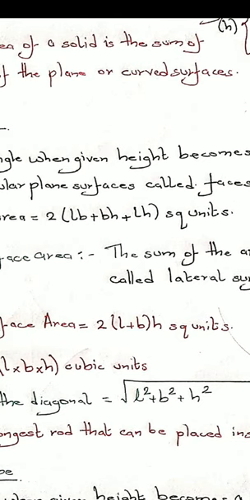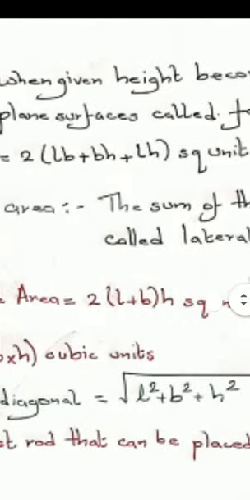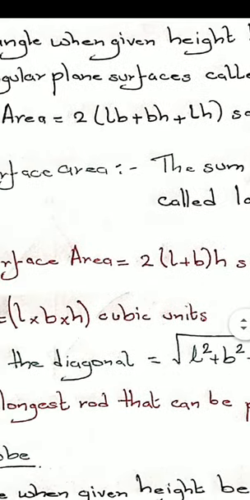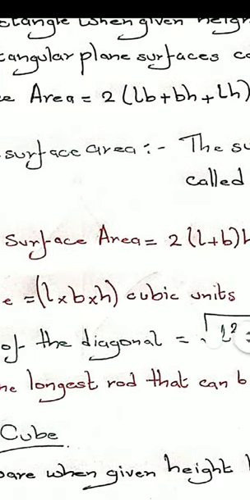Remember, girls, all these formulas are directly derived from the areas of a rectangle only. Although it looks like rocket science, it has been derived from your areas of rectangle only. Then volume equals length into breadth into height, cubic units. So L into B into H cubic units. The length of the diagonal, which was root of L square plus B square for a rectangle, will now become root of L square plus B square plus H square.